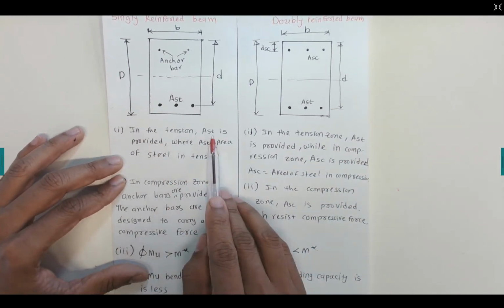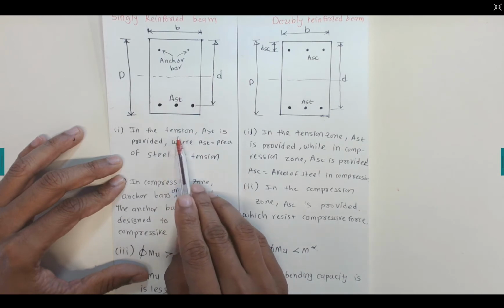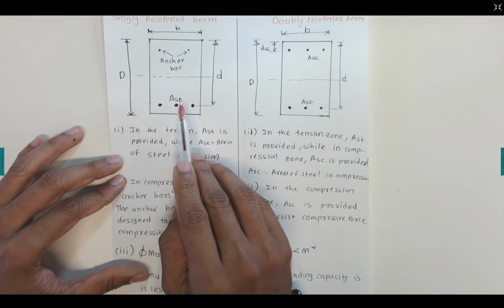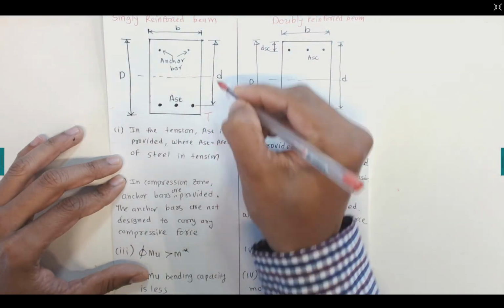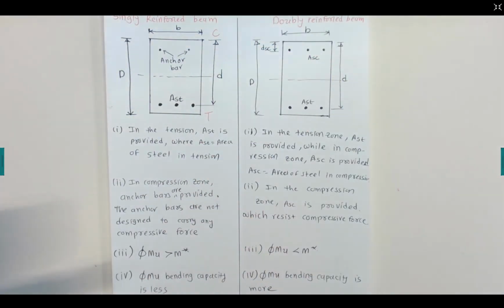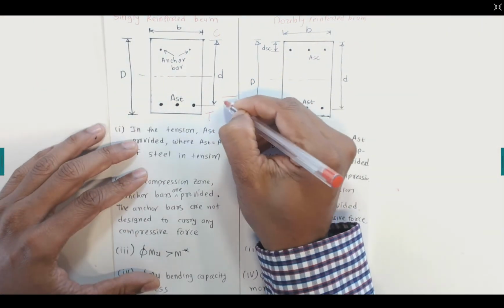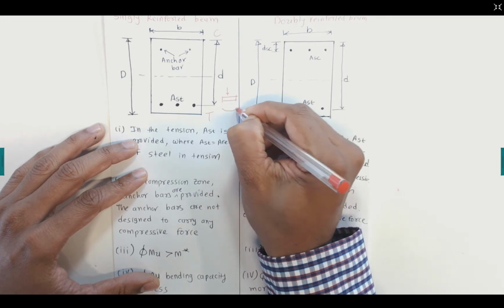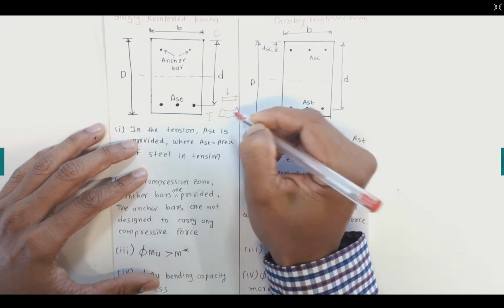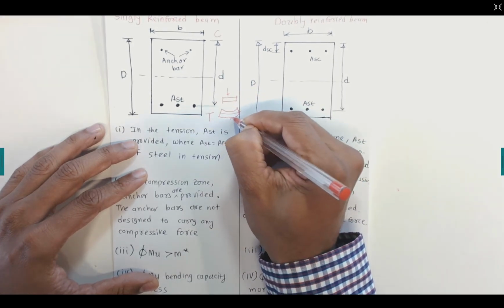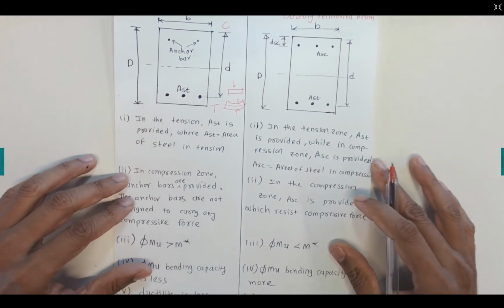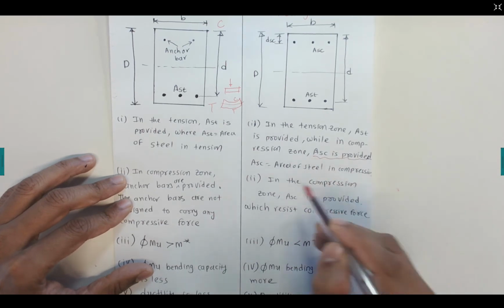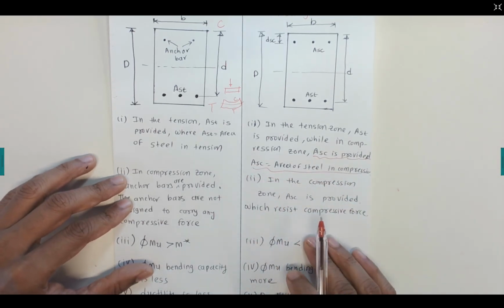For the singly reinforced case, A_st is provided, so we just provide the reinforcement in the tension side. This is the tension side, this is the compression side, and this is the hogging case. Hogging means the beam is bending in this fashion, so we have the neutral axis, with tension on this side and compression on that side. But in doubly reinforced we provide additional A_sc to increase the capacity.